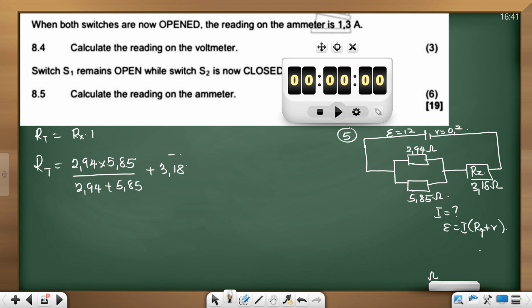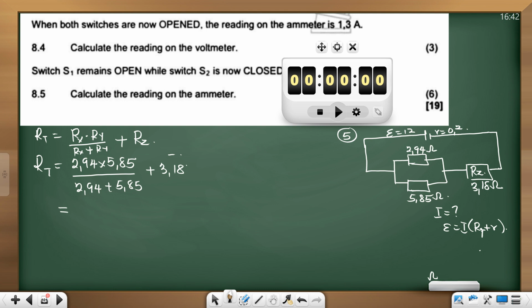Rx times Ry over Rx plus Ry, plus Rz. Product over sum plus Rz, because it's R1 plus R2.